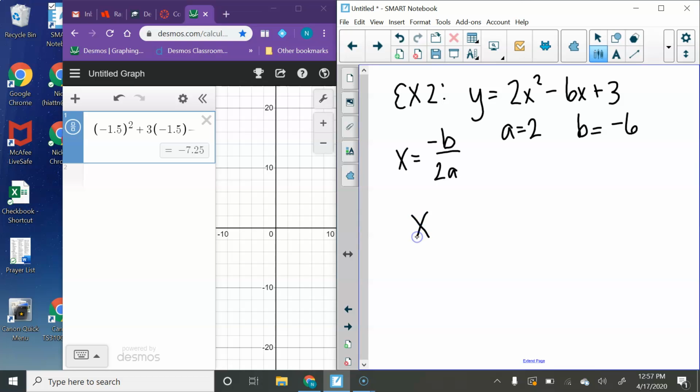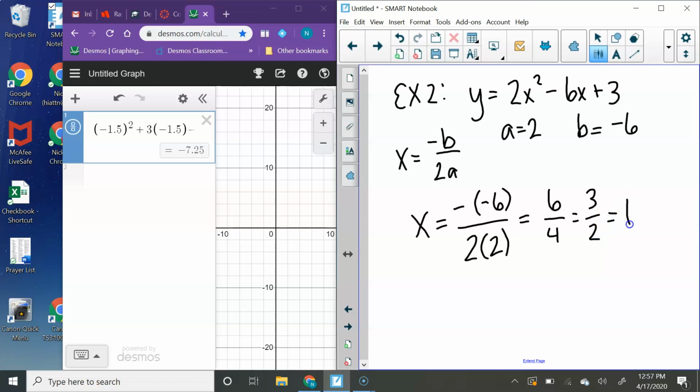So our axis of symmetry is going to be the opposite of b, negative negative 6 over 2 times 2. And so negative times negative gives us positive 6 over 4, and we could reduce that to 3 over 2. I did not mean to create another problem that has 1.5 there.